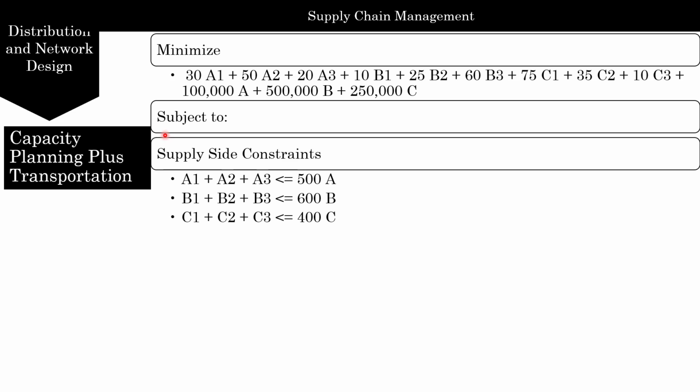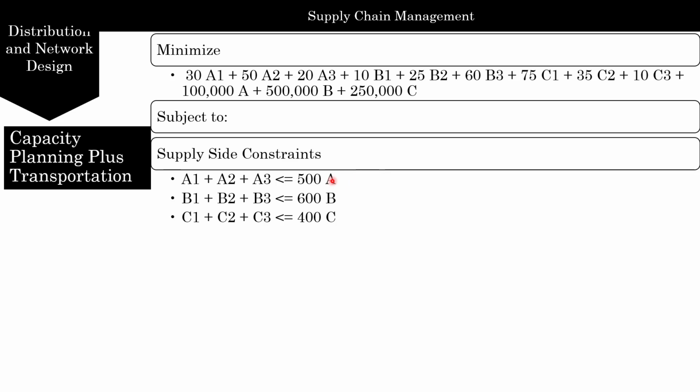And let's look at the constraints. Your supply side constraints, essentially you have A1, A2, A3 is less than or equal to 500, just like you did in a transportation problem. But now you will multiply by A, and the reason is this 500 only exists if A is equal to 1.